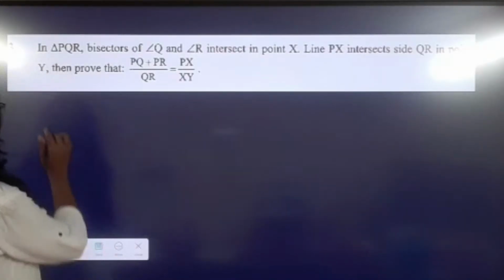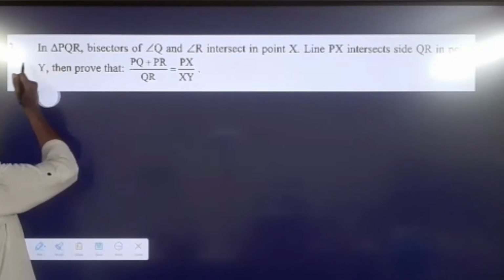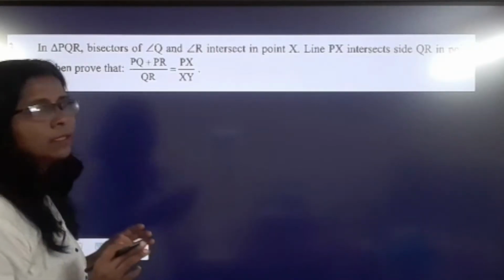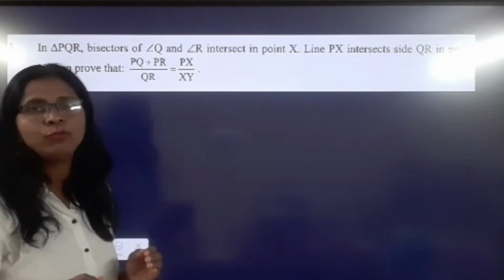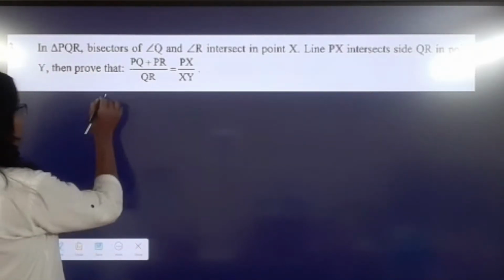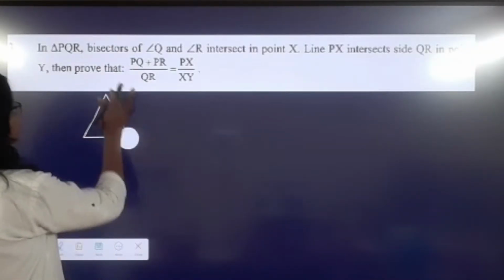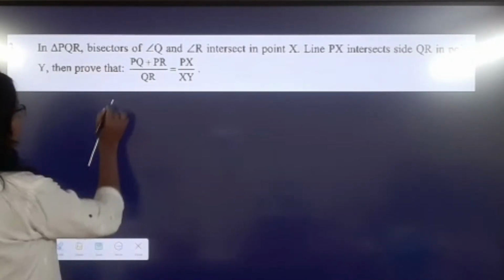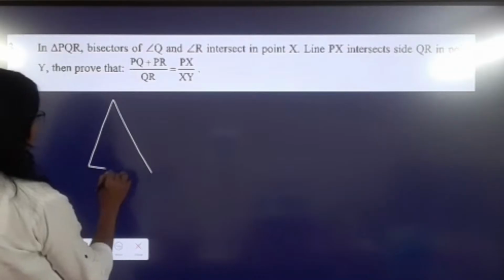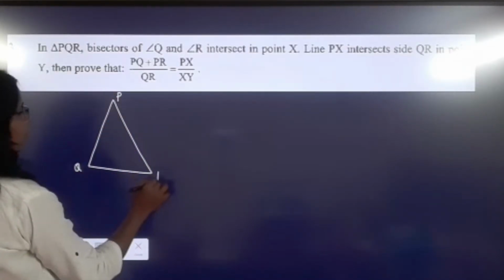So here students, first I draw the figure by the given information. So here in triangle PQR, I write down PQR.